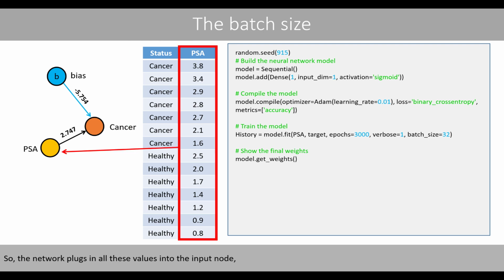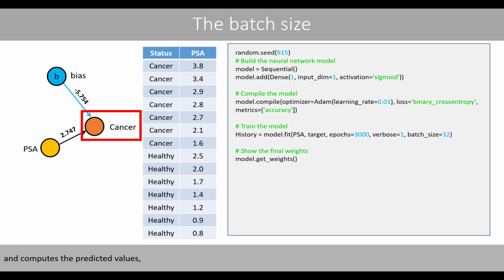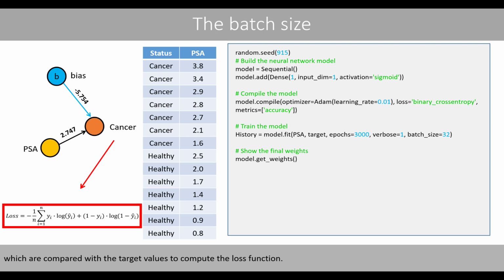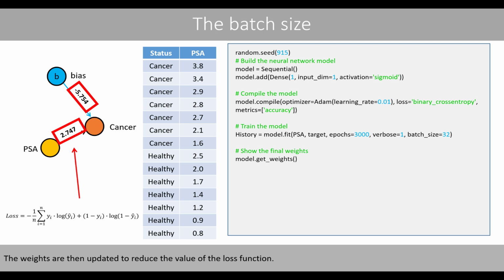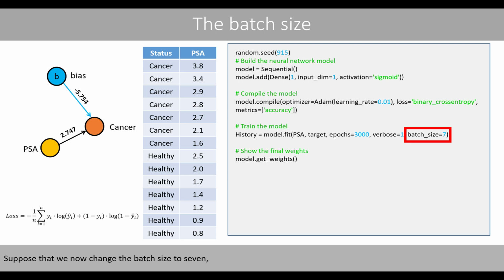So, the network plugs in all these values into the input node and computes the predicted values, which are compared with the target values to compute the loss function. The weights are then updated to reduce the value of the loss function.